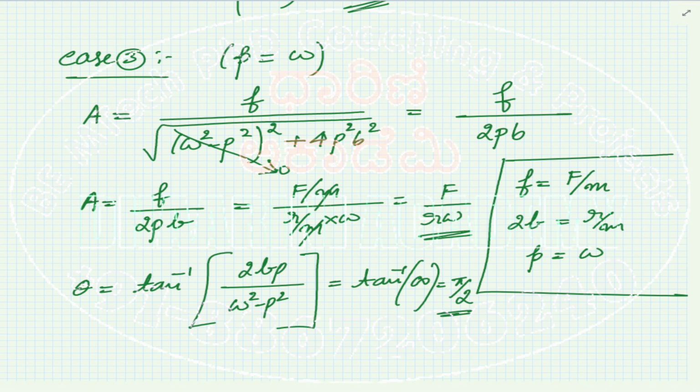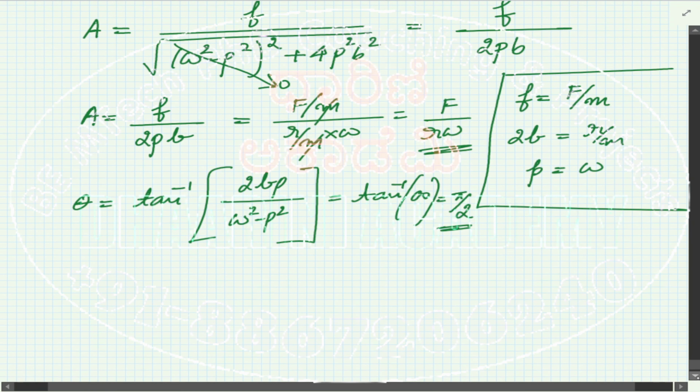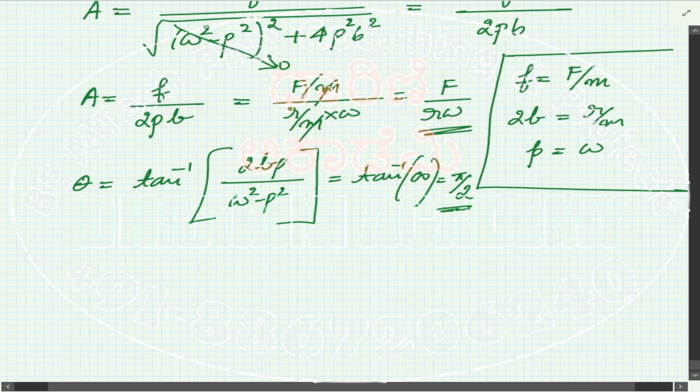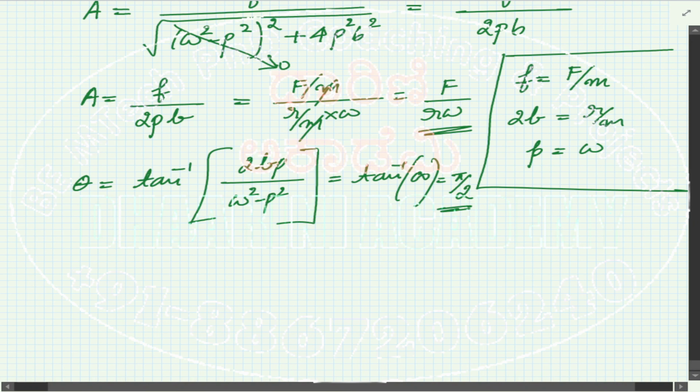So that's the answer. In this case, when p is equal to omega, the frequency of oscillation of a body becomes equal to the natural frequency. You can call this particular body to be in resonance.